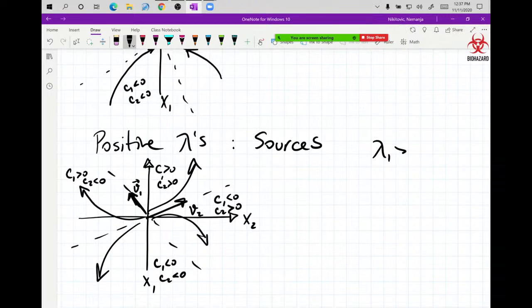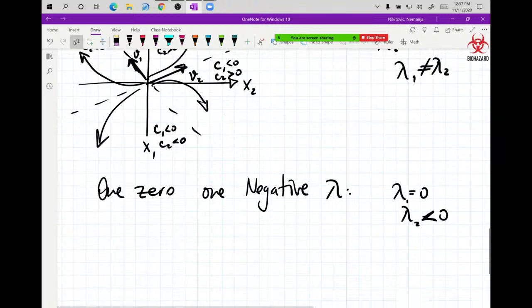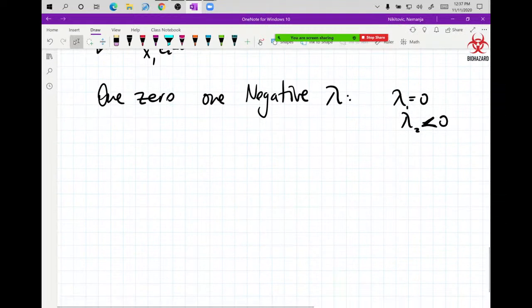No. Lambda 1 positive, lambda 2 positive, lambda 1 different than lambda 2. Again, it's distinct, but let's write it. Why not? Okay, so when one is negative and one is positive, remember that the negative sucks in. So it's like a sink, but only one lambda is a number. The other one is 0.